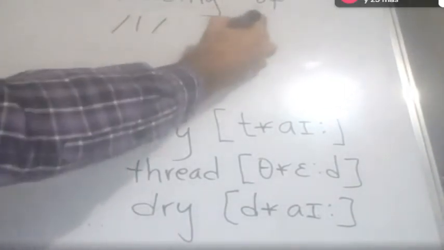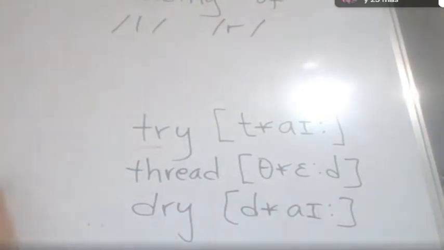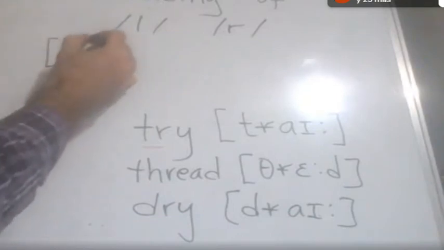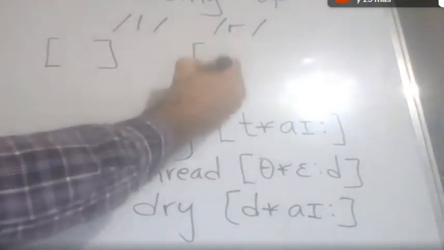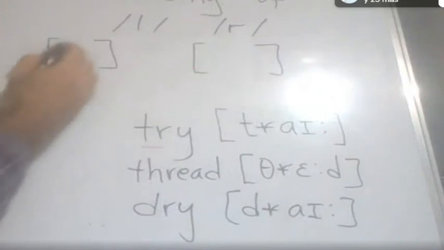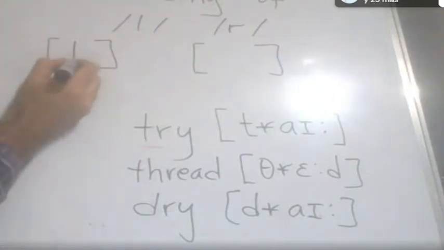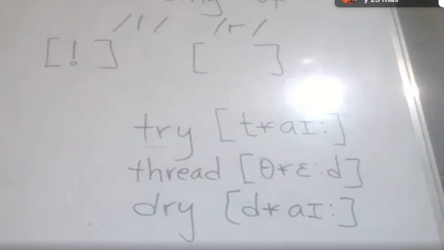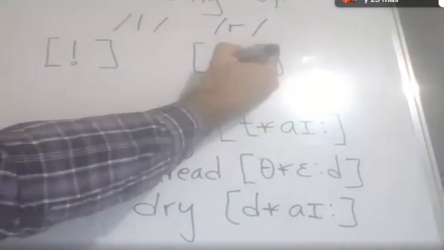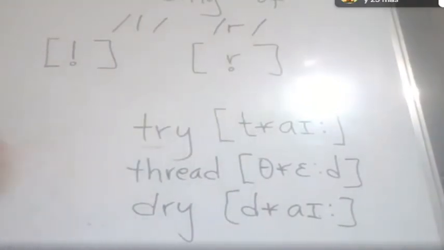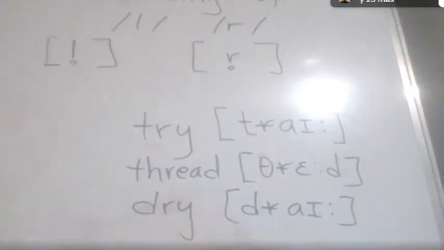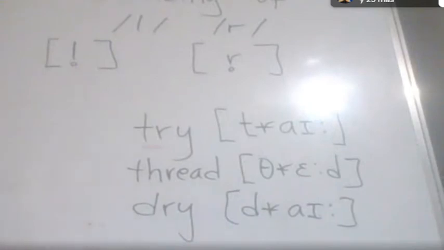The symbol will be the R with this little circle below, and it happens only after voiceless stops. Okay, only after voiceless stops.